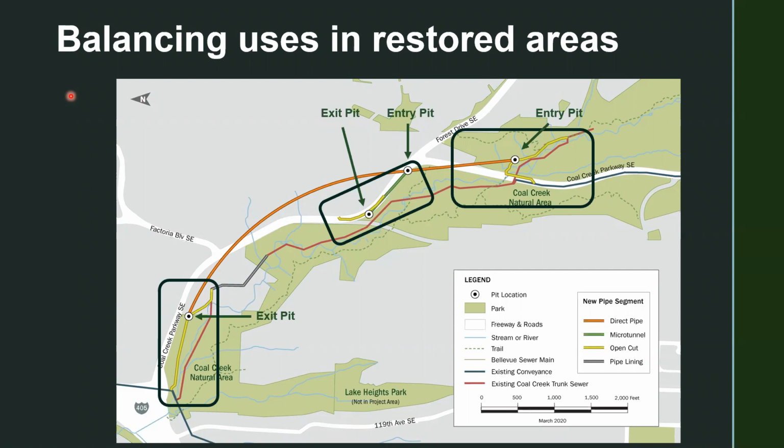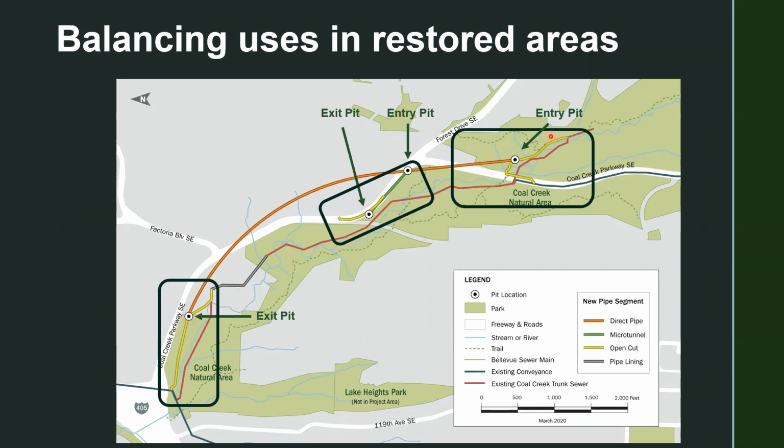And in addition, for the small pieces of the project in which there will continue to be an active sewer pipe in the natural area, and I'm talking specifically about this short segment of pipe that's required in order to collect flows from existing pipes, and at the north end, the downstream end of the project, this short stretch of pipe that connects into the east side interceptor.